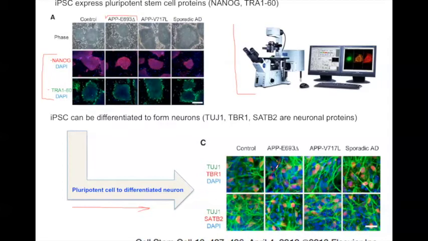These are actually the neurons. These are neuronal cultures, and you can see they're derived from the particular mutation we're interested in, E693 delta, as well as a second mutation that's a valine 717 leucine, as well as a sample from sporadic Alzheimer's disease and a control culture from someone who does not have Alzheimer's disease.